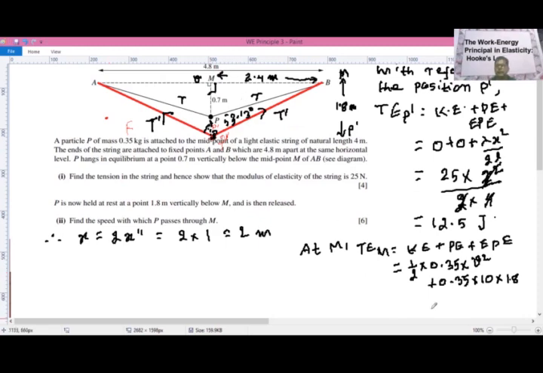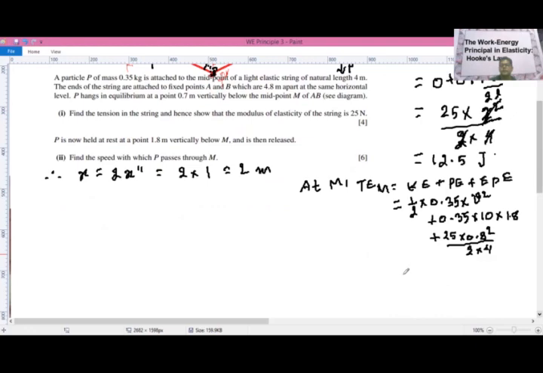Then elastic potential energy is going to be lambda, whose value is 25, and x squared in this case is 0.8 squared, and this is 2 times the original length 4 meter. Now let's take the calculator and simplify this term.